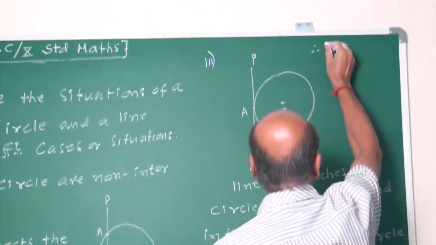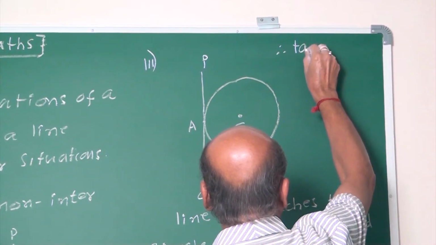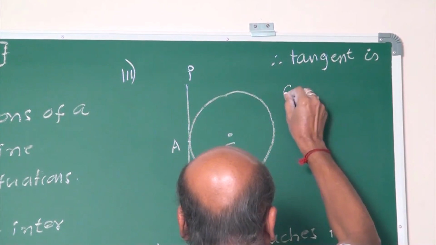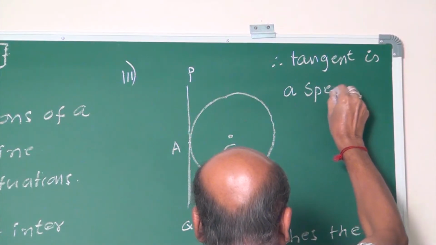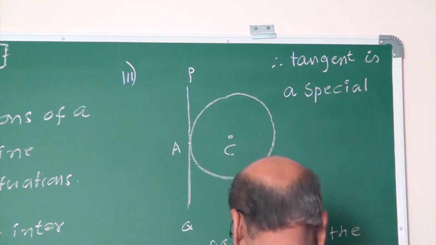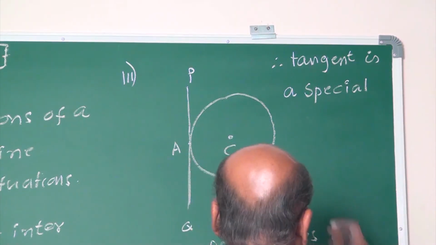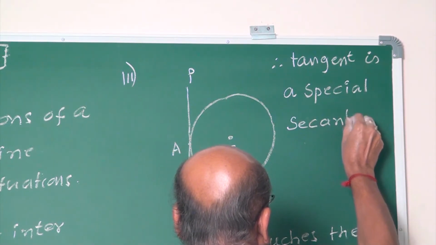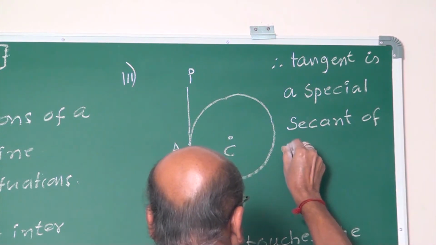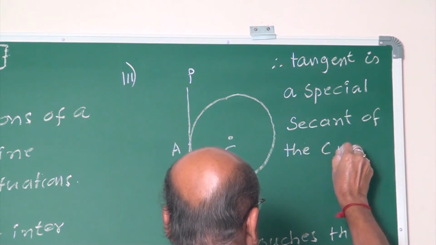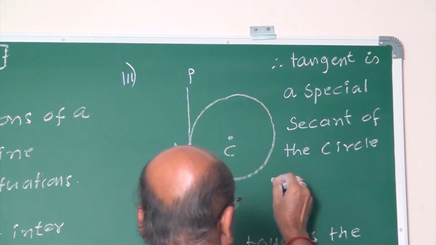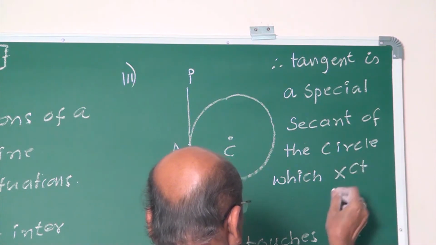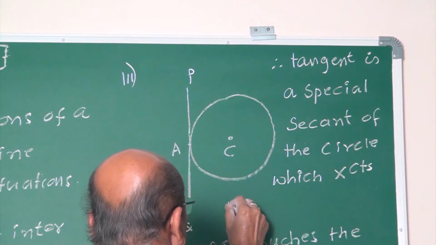Therefore, my friend, tangent is a special secant of the circle which intersects the circle at one point.